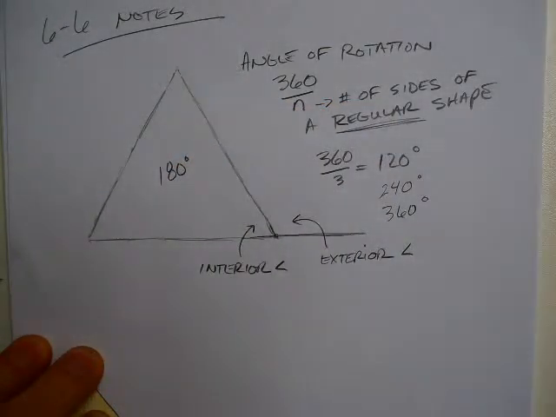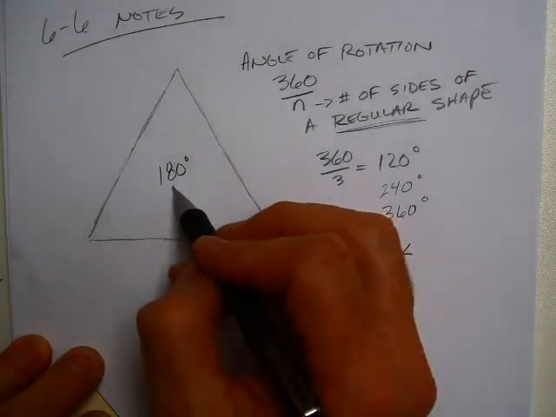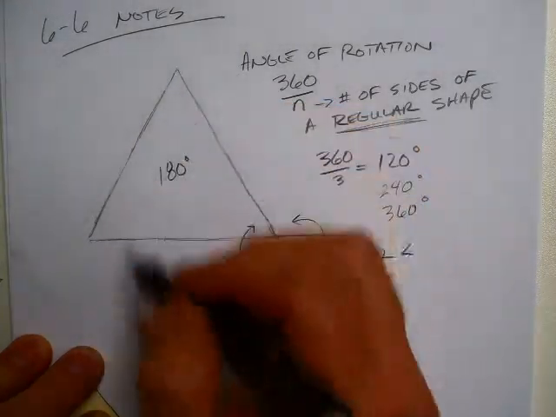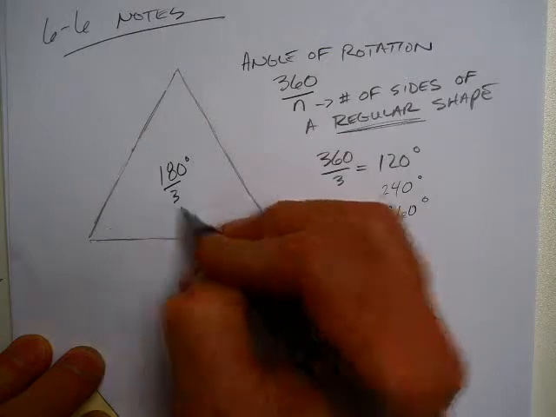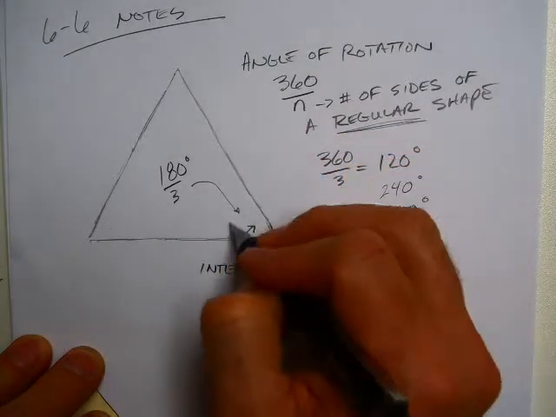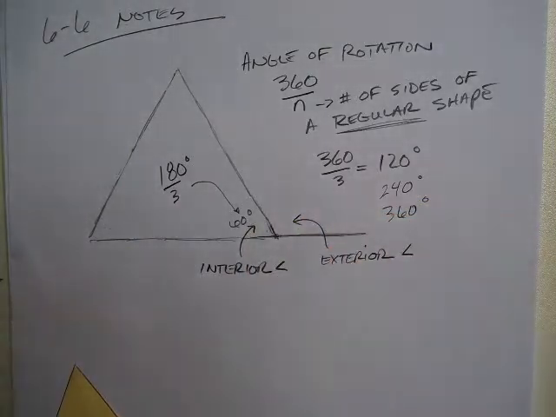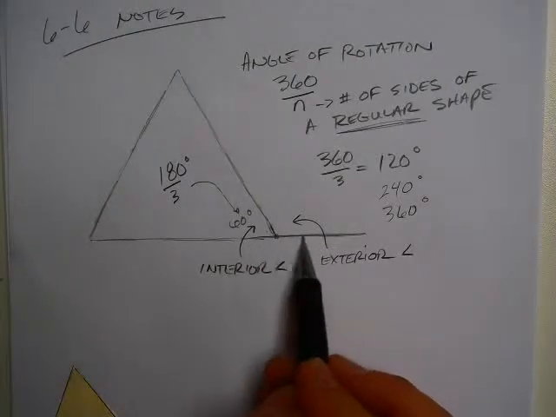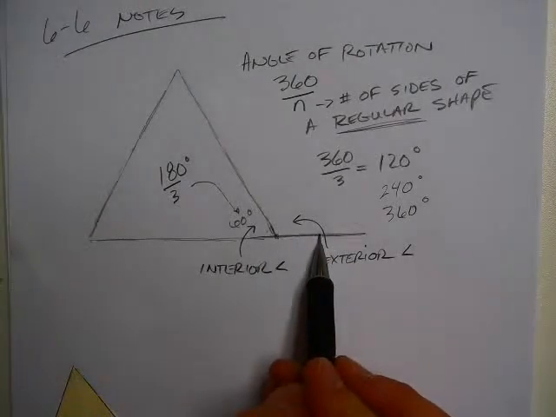So in this case, the number of degrees inside the triangle, if I divide that evenly by 3, I get an interior angle of 60 degrees. So if this is 60 and this is a straight line, how many degrees are in a straight line? 180, right.